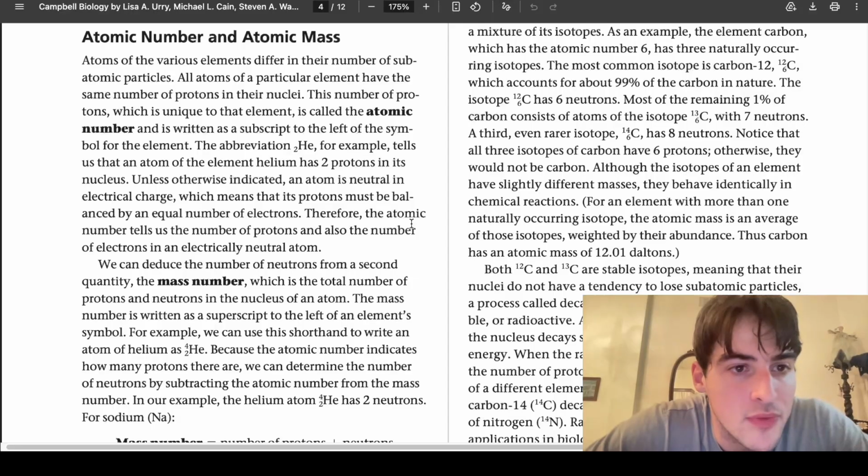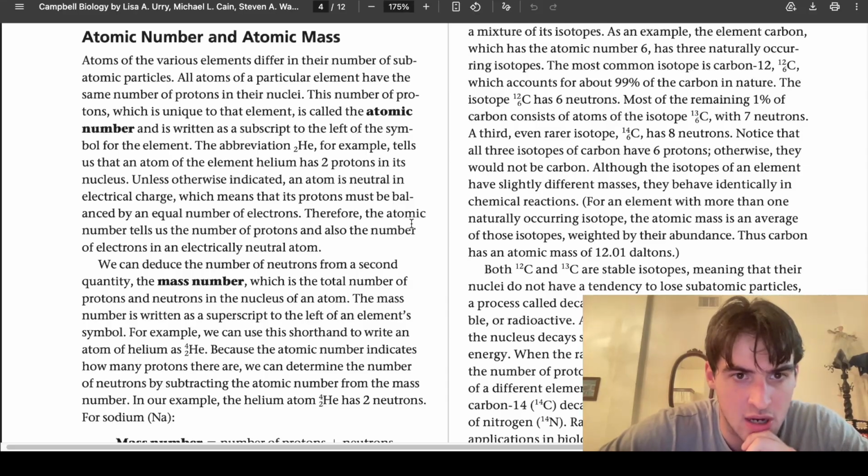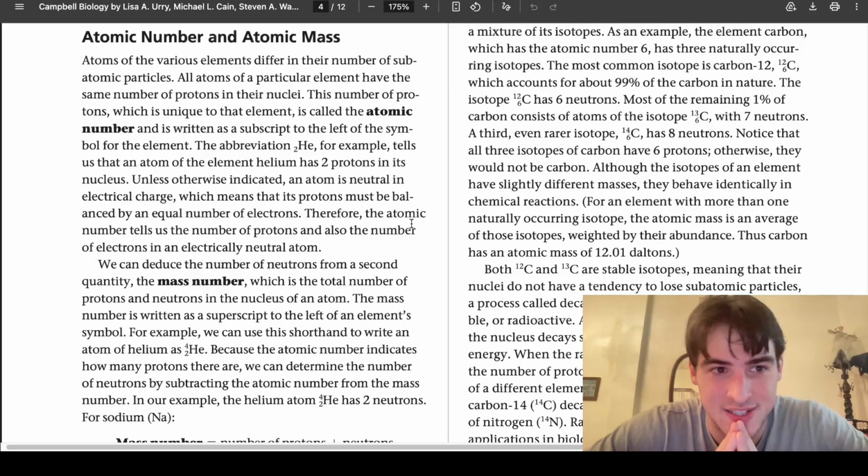Okay. Atoms of the various elements differ in their number of subatomic particles. All atoms of a particular element have the same number of protons in their nuclei. Sorry, let me read that again for emphasis, and because I didn't understand it. Okay.